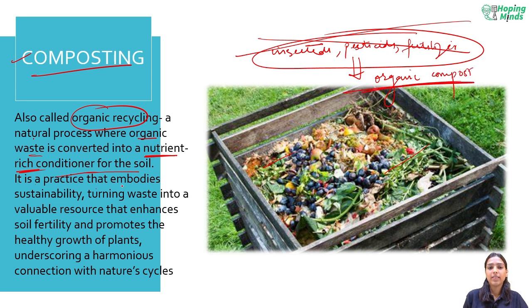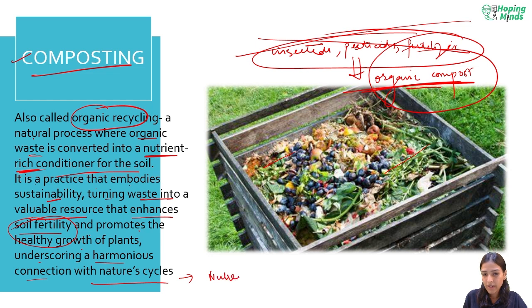It is a practice that embodies sustainability, turning waste into a valuable resource, enhancing soil fertility, and इससे soil की fertility भी बढ़ती है, and promotes the healthy growth of plants, underscoring a harmonious connection to nature cycle. Because using this organic compost is going to promote various nutrient cycles, because we are going to be using less chemicals.